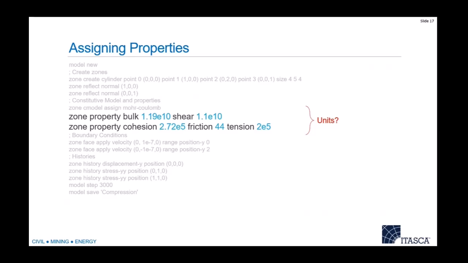You as a user just have to be careful that you're using a consistent set of units. So for example, in this case, it looks like it's probably pascals. And when I'm doing this myself, I always leave myself a little comment. You can do that with a semicolon and say, I'm using pascals.